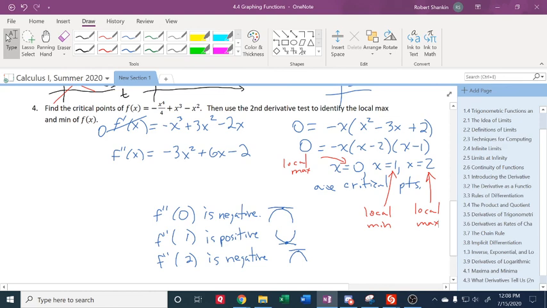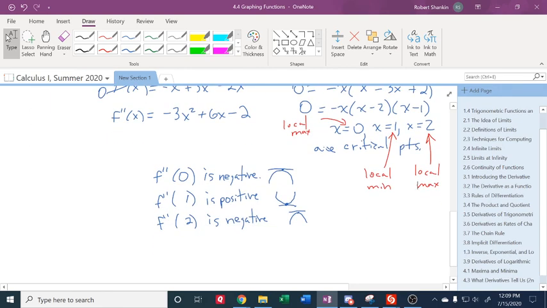Now, there's something I want to point out. We didn't have time to go through this last time. But what if f prime prime of a critical point is equal to 0?